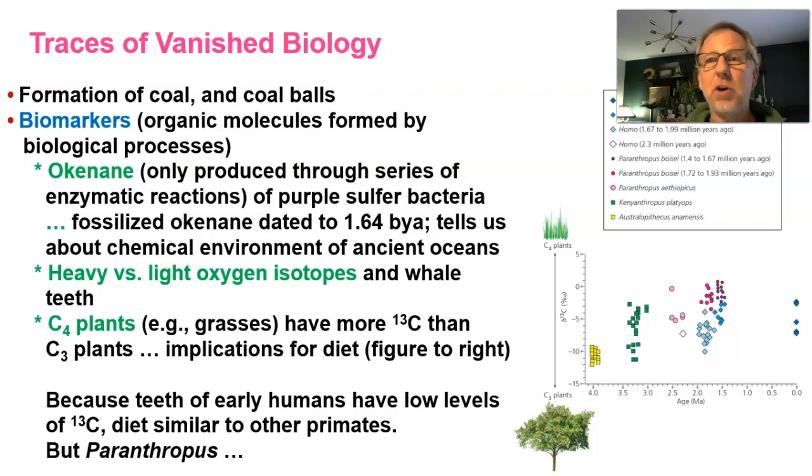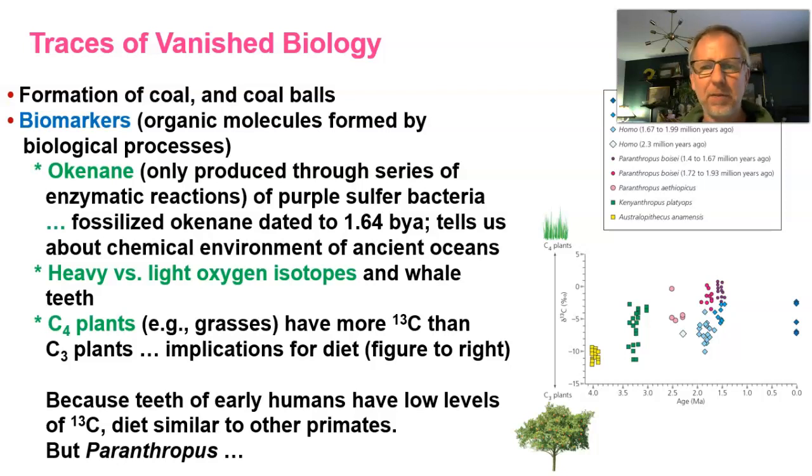So the example to your right is showing you what we've learned by looking at some carbon isotopes in fossilized humans and in other primates. We have the age on the x-axis in millions of years, and on the y-axis we have the spectrum of, near the bottom, C3 plants, rich in carbon-12, and then C4 plants on the top that are more rich in carbon-13.